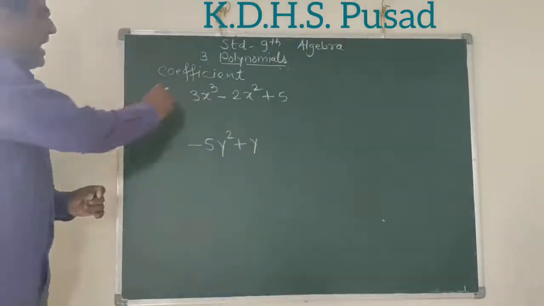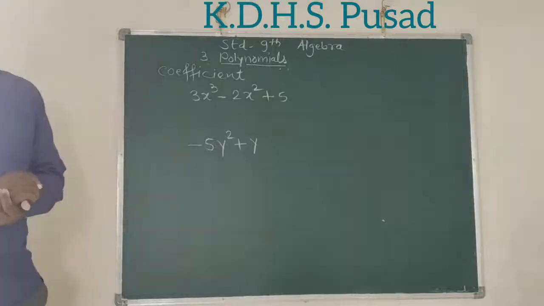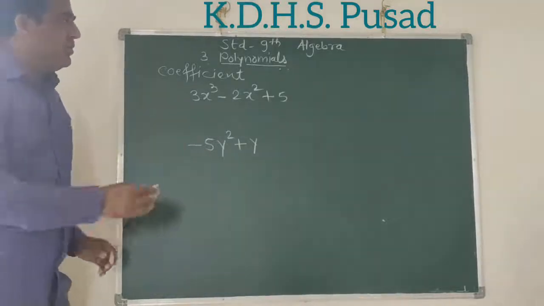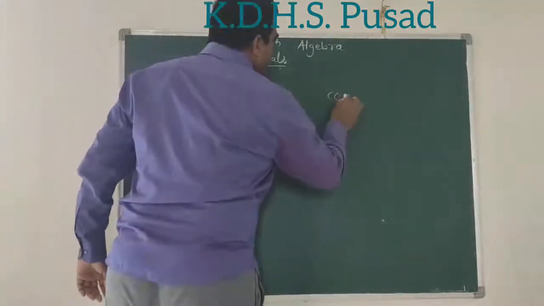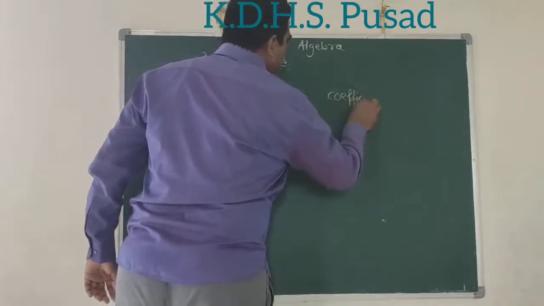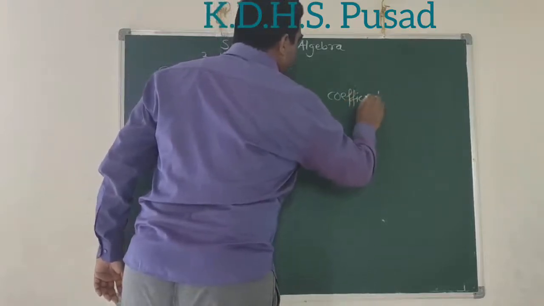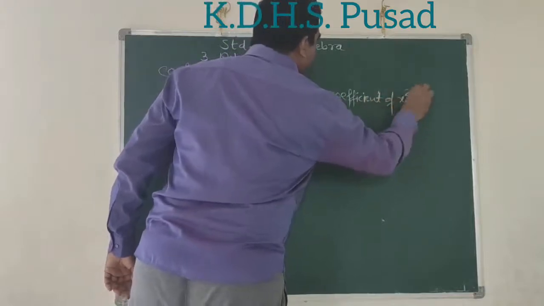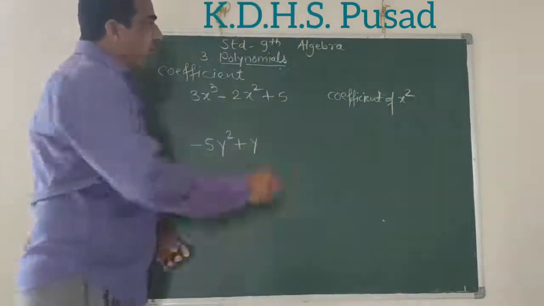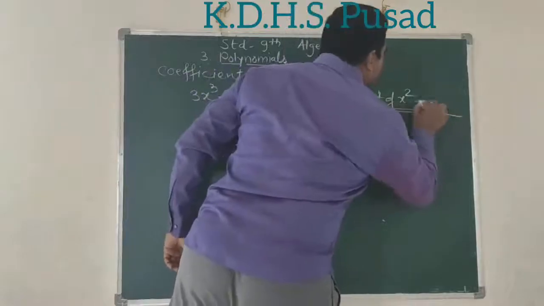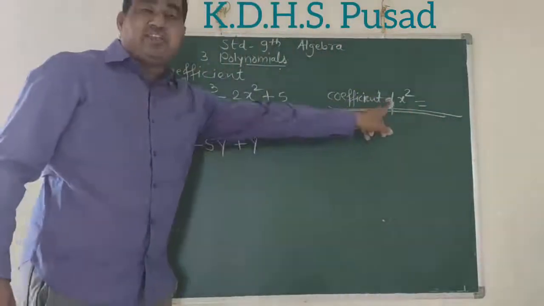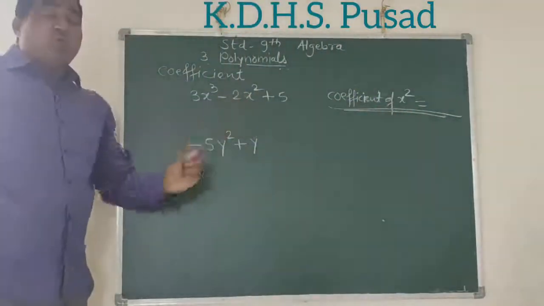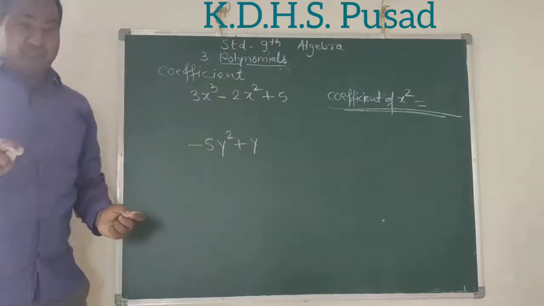Now if I ask you for the coefficient of x square, check this. Take x square, and whatever integer is behind it, with sign.